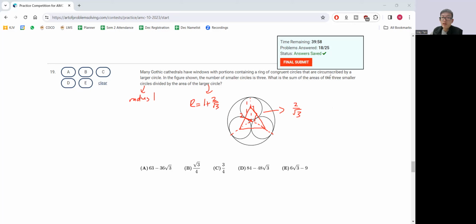Sum of the areas of the 3 smaller circles, I don't need to write pi, so it will just be 3 over this thing squared, which explains all of the appearances of weird looking things. So we shall just simplify this a little bit. It's not going to be 3/4, we can say that much.